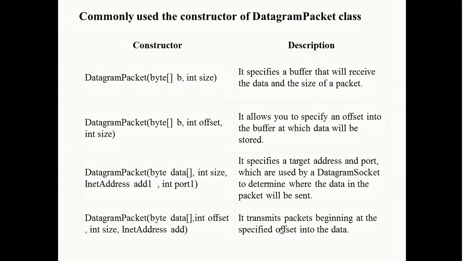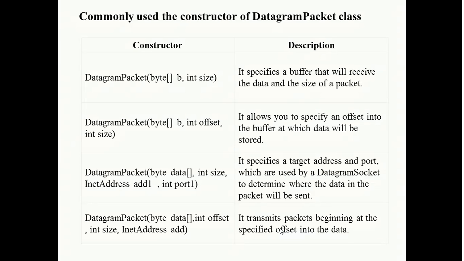First constructor is DatagramPacket having two parameters, byte b and int size. This constructor specifies a buffer that will receive the data and the size of the packet.